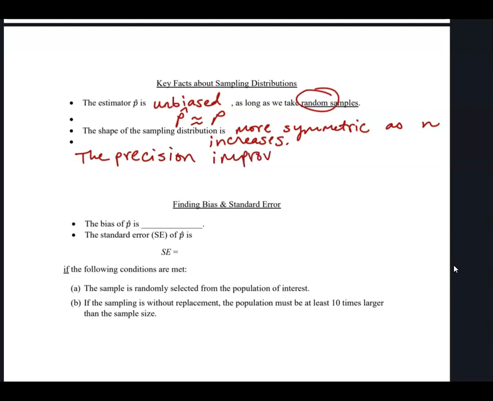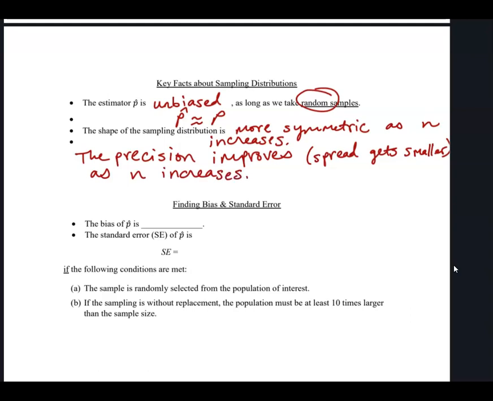So in other words, precision, remember, was consistency. We can think of that as spread. So the precision improves, the spread gets smaller. That's our goal, right? We want less spread in our graph. The spread gets smaller as n increases. So the larger the sample, the better our precision.